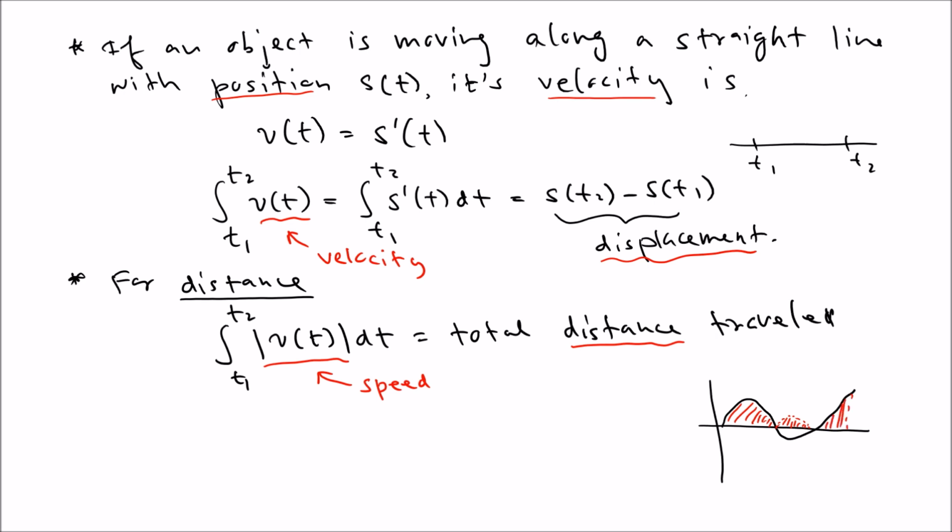So you simply add from t1 to t2. That's the velocity graph. Take the absolute value and it becomes the speed graph. The top one is the speed graph.